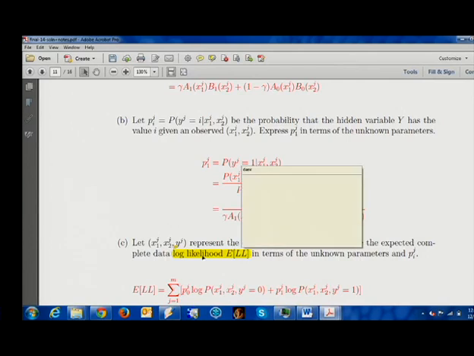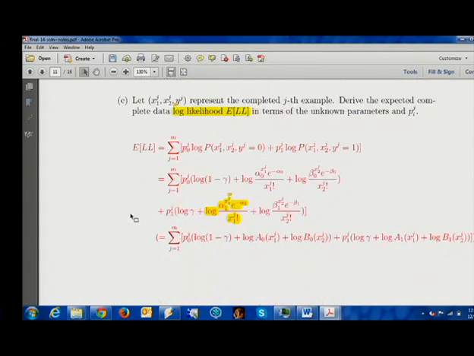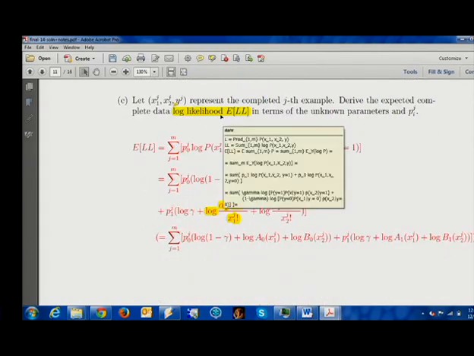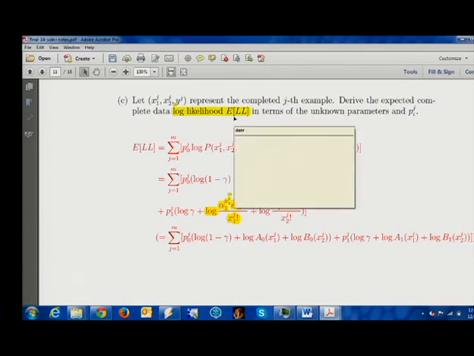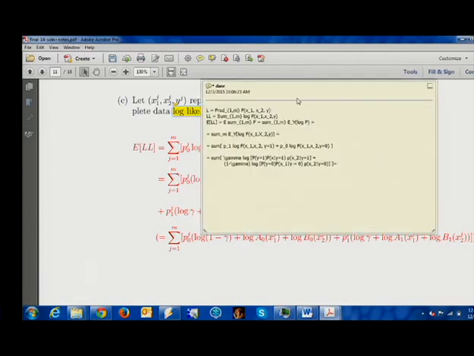Now, the next step is we need to write the expected log likelihood. Here we took some shortcuts, so let me write this out. Can you read this? Okay, I'm starting by writing the likelihood.